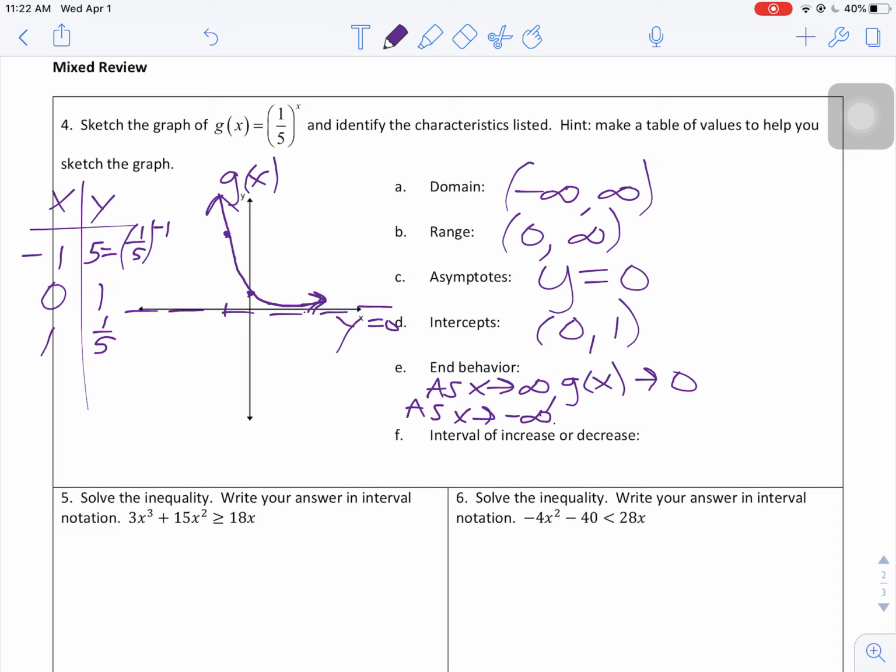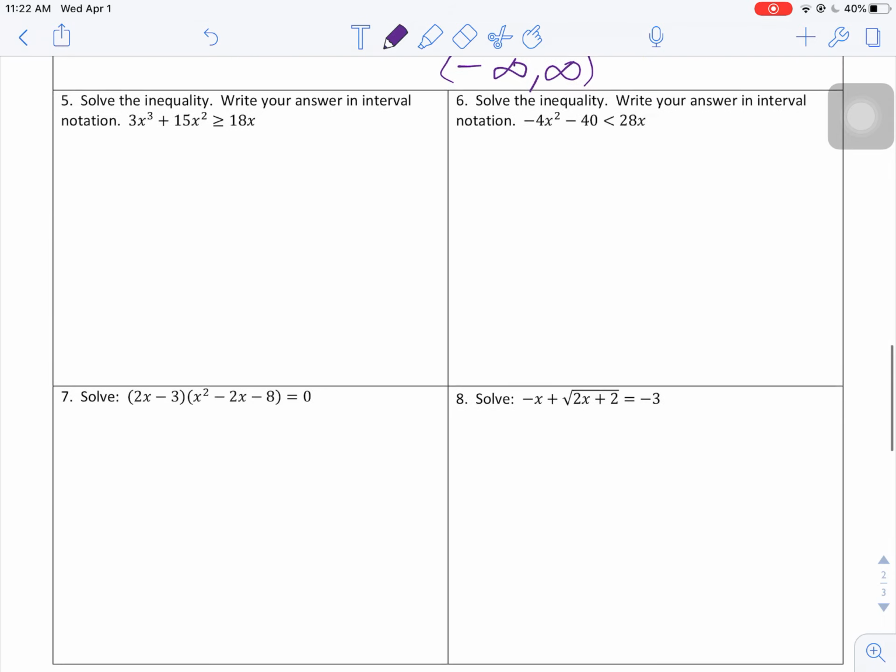As x approaches negative infinity, your output values, your g of x values, get closer and closer to infinity. And then for interval of increase or decrease, I'm going to highlight the word decrease because when we look at the function from left to right, it's going down the whole time. So it's decreasing over its entire domain, which is negative infinity to infinity.